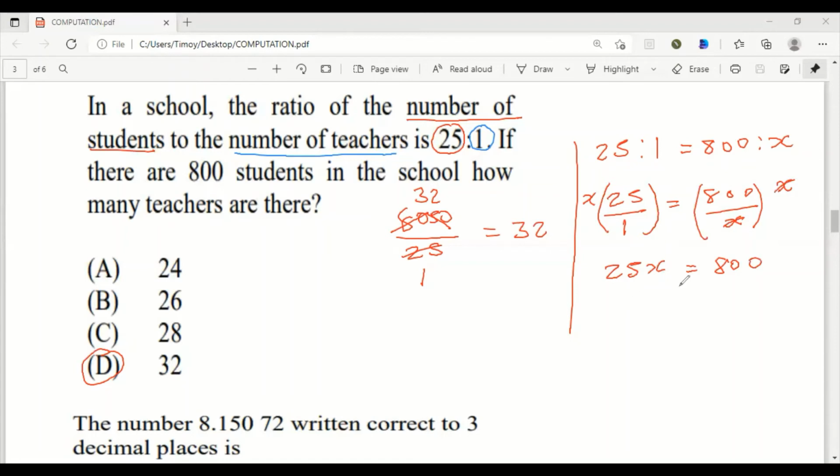And because we want to solve for x, we now need to divide both sides by 25. So we divide this by 25 and also divide the 800 by 25. Therefore, 25 into 25 will give us 1. So we're left back with x. And 25 into 800 will give us 32. So that's another way in which we could find our answer there.